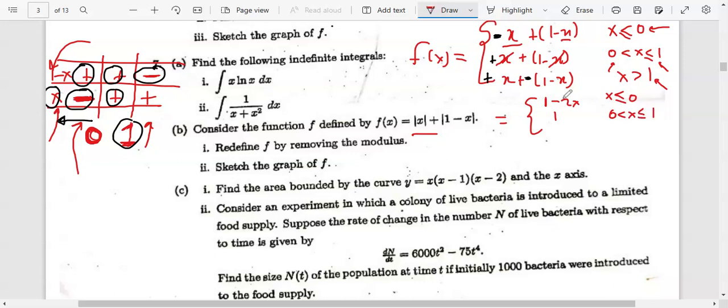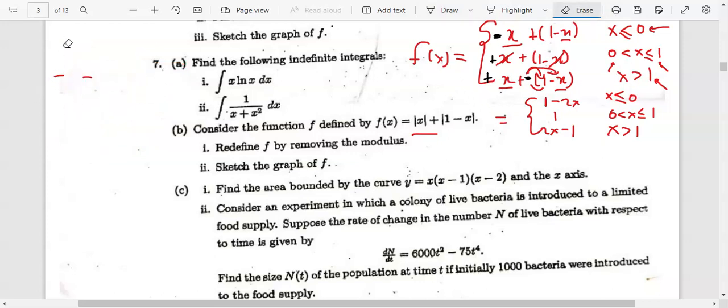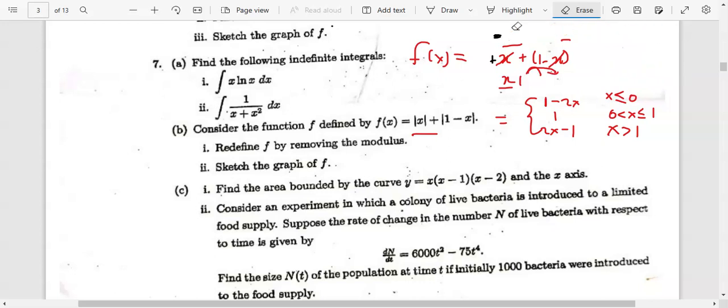So 1 for 0 is less than x, which is less than or equal to 1. And then if I distribute here this negative, it will be negative 1. This negative, it will be positive x. So positive x plus x, that will be 2x. And then we're going to have a negative 1 for values of x greater than 1. So what I've done is I have redefined the function. So this thing you're seeing down here is a function redefined. So I can now remove this. I have redefined. Any question?